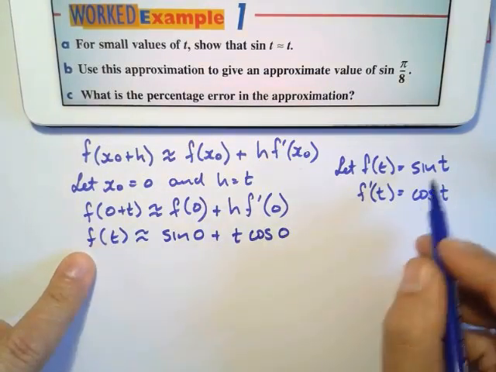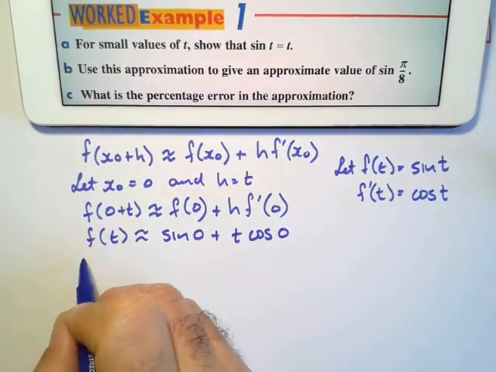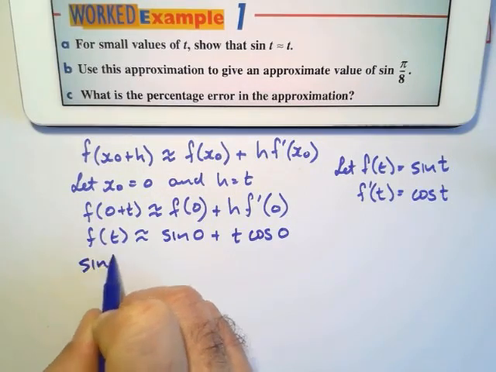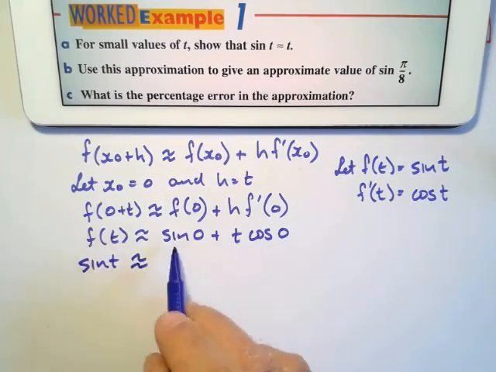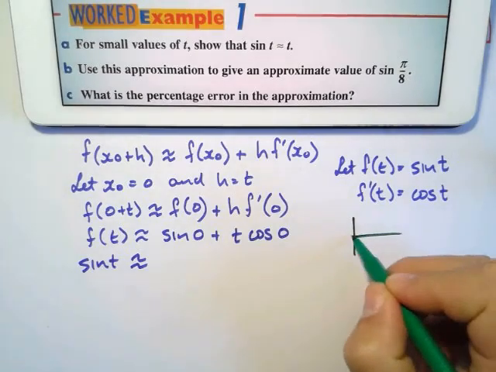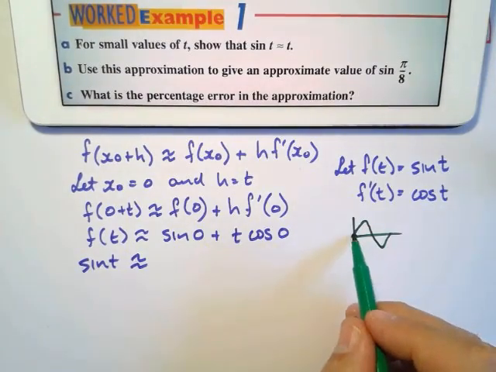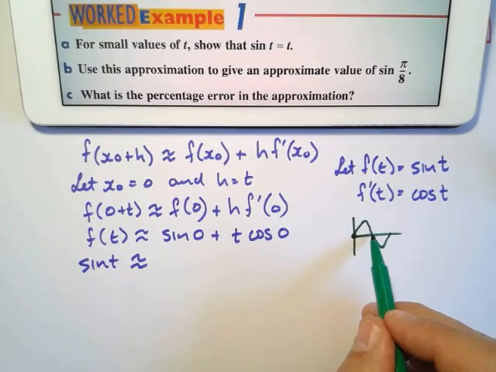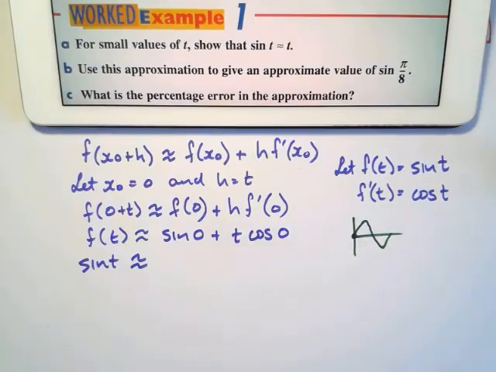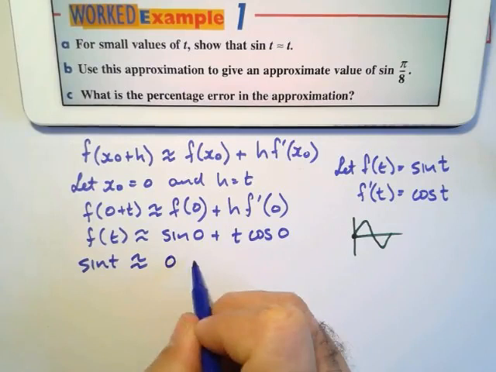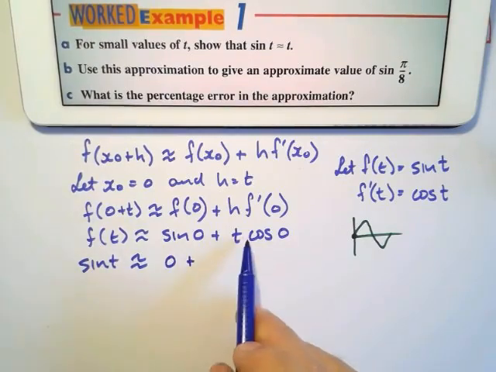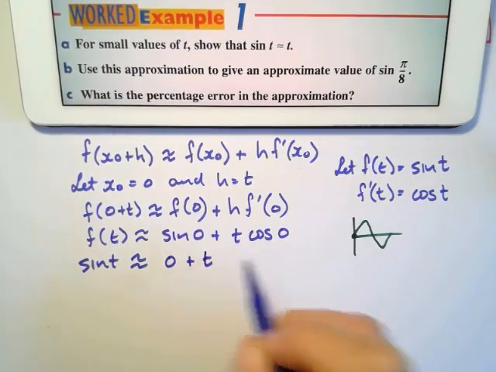What is f at t? F at t is sine t. So this equals the sine at 0. Now, you can either use your special triangles, or if you remember, your sine graph looks like this. Where's sine 0? The sine of 0 is 0, plus t multiplied by the cos of 0.